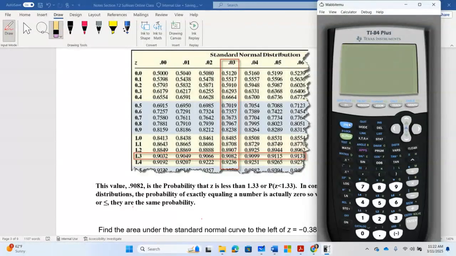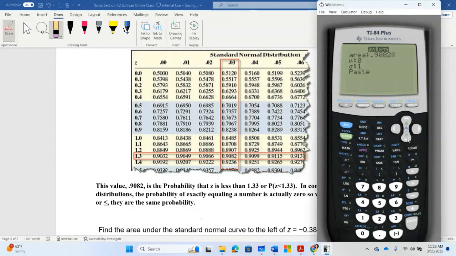All right, I go to second distribution, inverse norm, the inverse of what you're doing. Remember, we have been using normal CDF, but anytime I'm given area inside the normal curve and I'm told to find the z value, I'll do inverse norm. Inverse norm is number 3, and then the area under the normal curve is 0.9082.